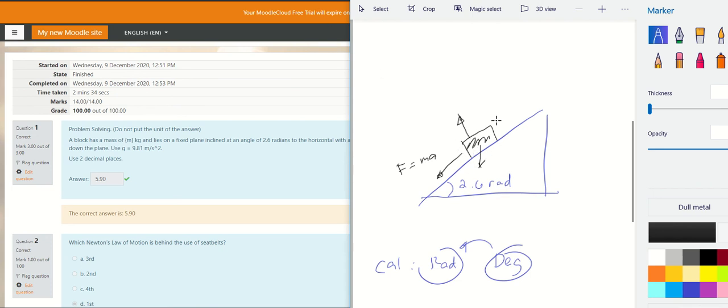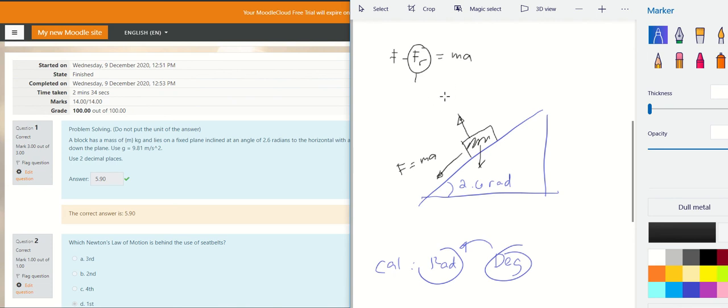There's a very strict formula here. If you're going to remember one, it's the force minus the frictional force equals ma. The frictional force is simply the coefficient of friction multiplied by the normal force.